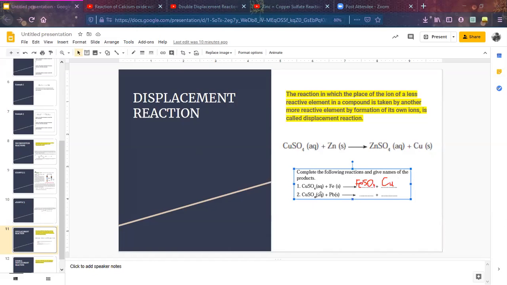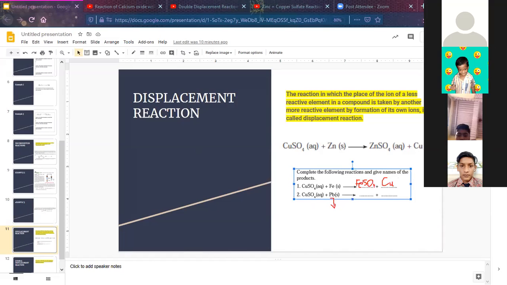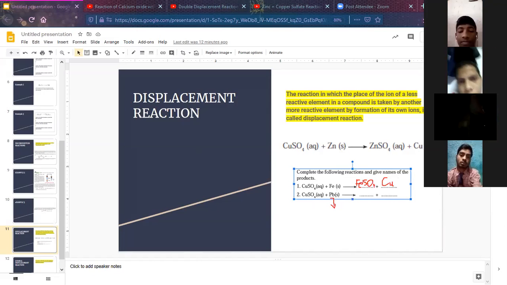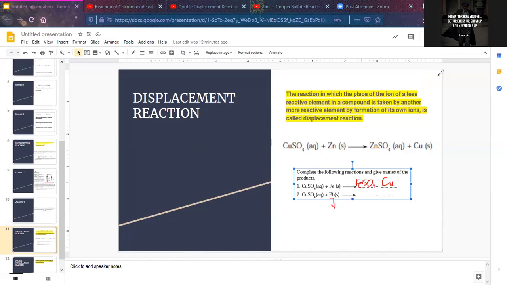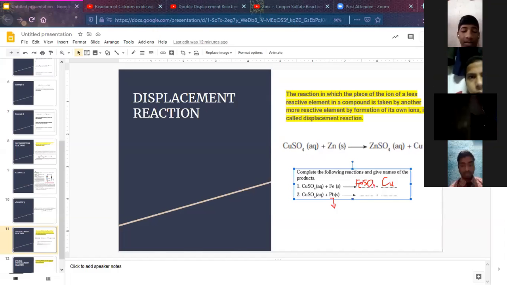Now, who can tell me what is PB? Who knows? Two participants have raised their hands. Yes, Ayan, tell me what is PB. Shafiqur, who's the other one who raised his hand? I can't see. Does anyone know what PB's actual name is? Okay, I can't hear you.